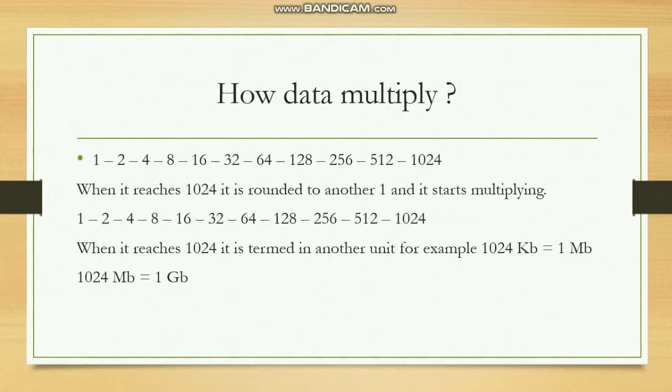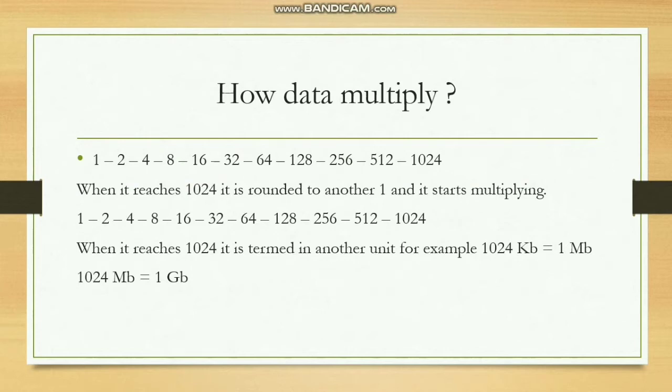And how the data multiplies. 1 GB of RAM is multiplied to 2 GB. From 2 GB of RAM it is multiplied to 4 GB, and 4 GB of RAM is multiplied to 8, and so on. And when it reaches 1024, it is rounded up as a different way of expression.